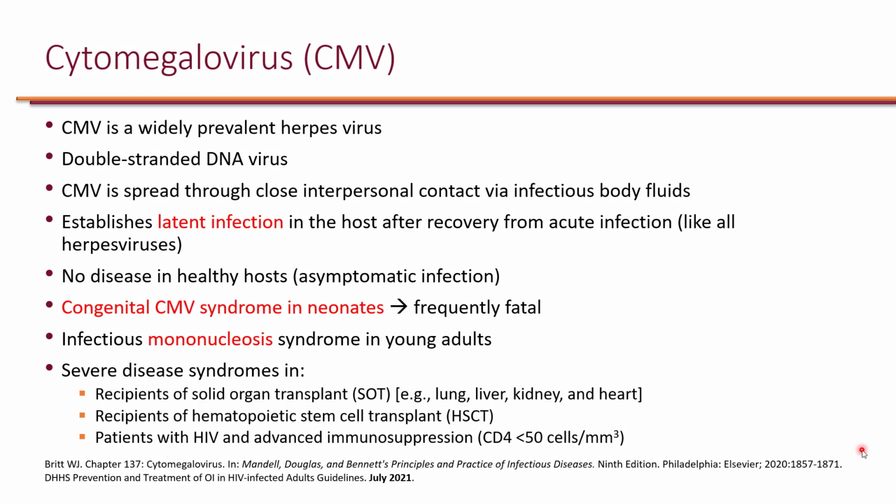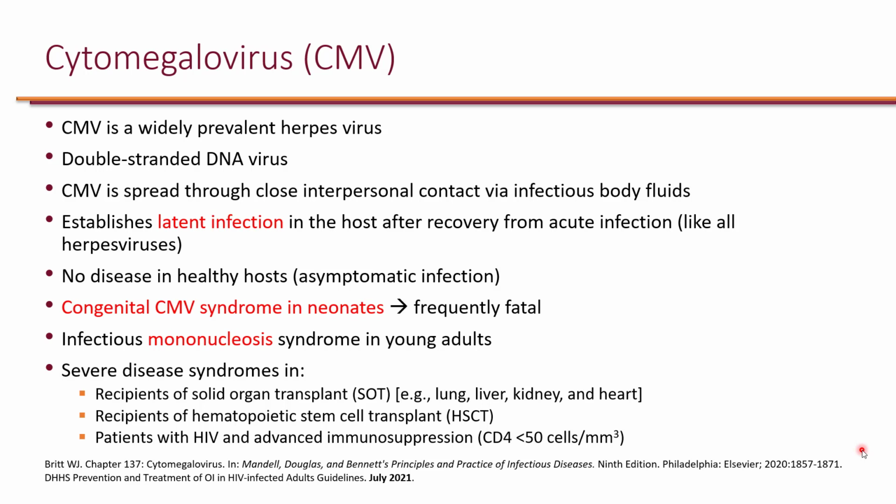Now, cytomegalovirus is a widely prevalent herpes virus. It is a double-stranded DNA virus, and the primary route of transmission is by interpersonal contact via infectious body fluids, including saliva, semen, cervical secretions, as well as breast milk.